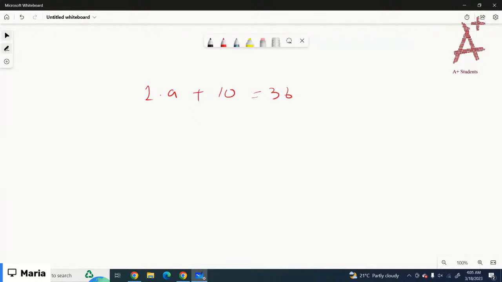You have to solve this equation for A. So A equals 36 minus 10, and 36 minus 10 equals 26.